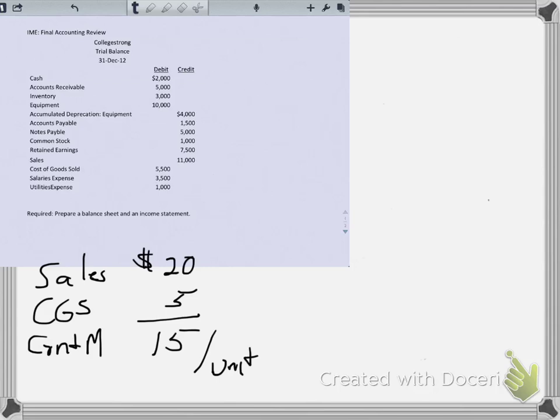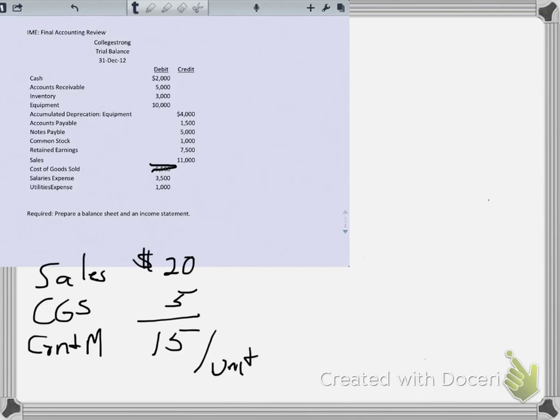You also know that up above in the trial balance, the cost of goods sold is a variable cost, and we already took that out. Salaries expense has got to be a fixed cost. Someone who's paid on salary doesn't really get paid by hours worked. They get paid by the year. So that's certainly a fixed cost.